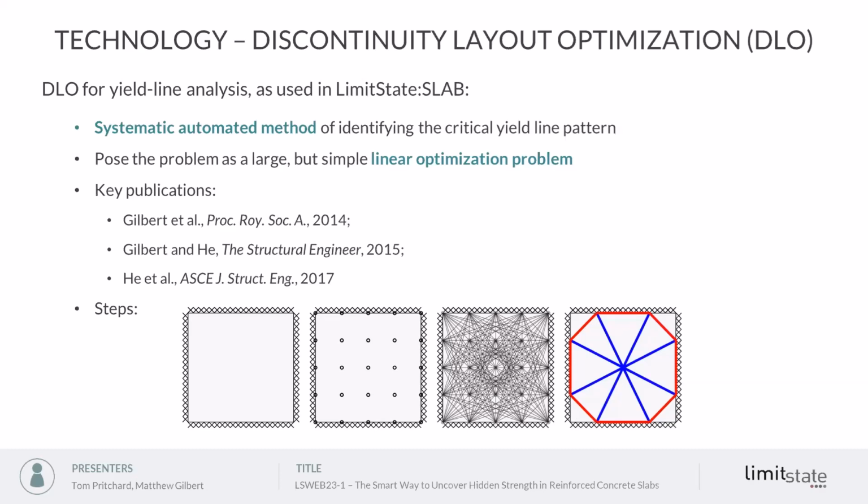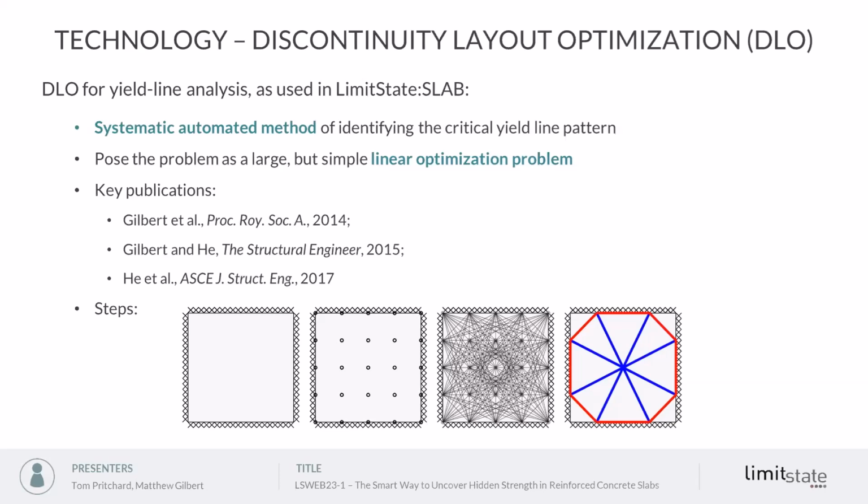And if we use more nodes, we tend to get a more accurate representation of the collapse load. And we've shown in those papers that very quickly you get within around 1% or so of the exact solution. So you get very good predictions very easily.